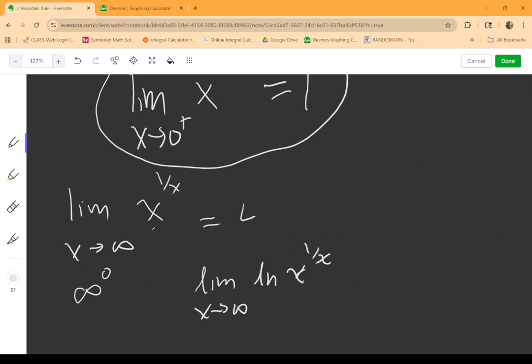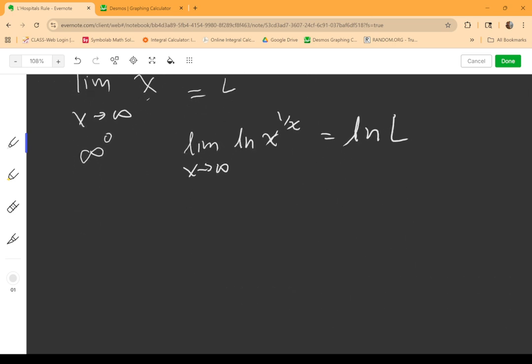So 1 over x times ln of x equals ln of L. Here, applying properties of the logarithm, we get the limit as x goes to infinity of 1 over x times ln x is equal to ln of L. So both of these here, I'm going to rewrite as ln of x over x.